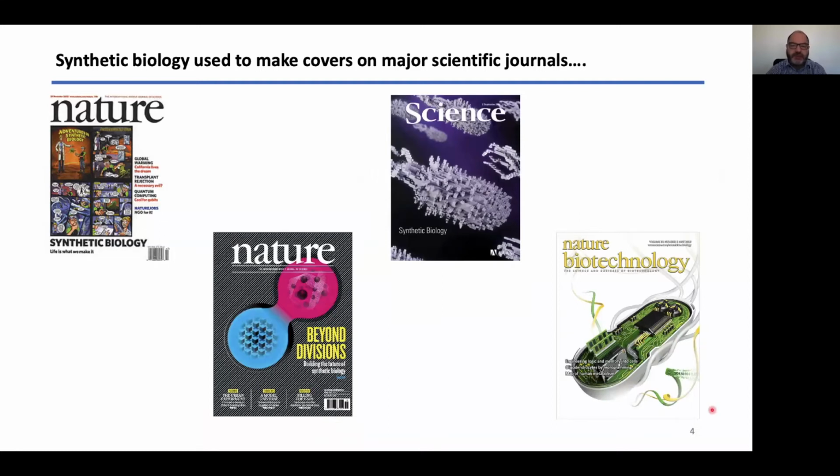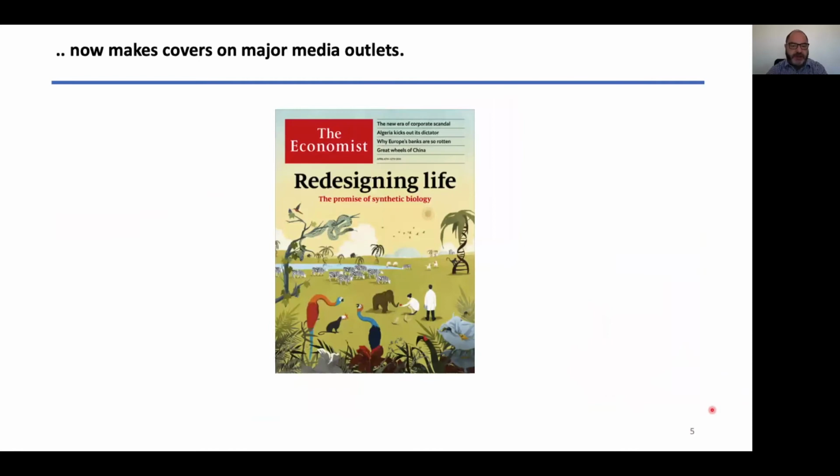mostly a topic that people were discussing in scientific communities. You could see a lot of journals like Nature and Science with covers about synthetic biology, and that was for many years. So there was a lot of excitement in the scientific community, and what we have seen lately is that this excitement is moving more into industry and economics.